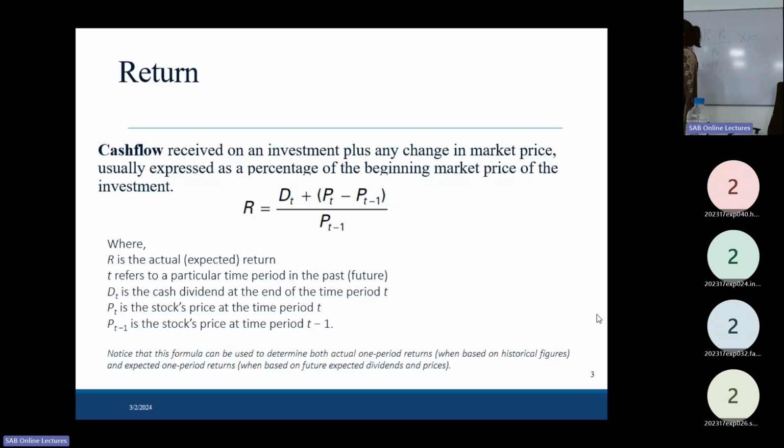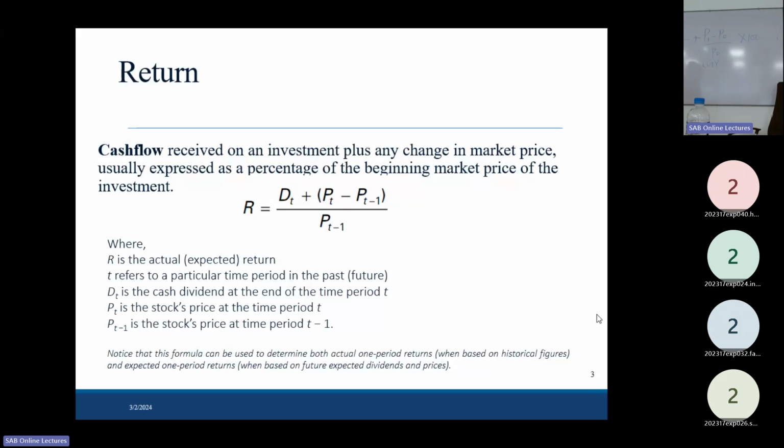Here T minus 1 is P0, and T is P1. You can use either one, but P0, P1 is easier; I have taken this from a book, I think.